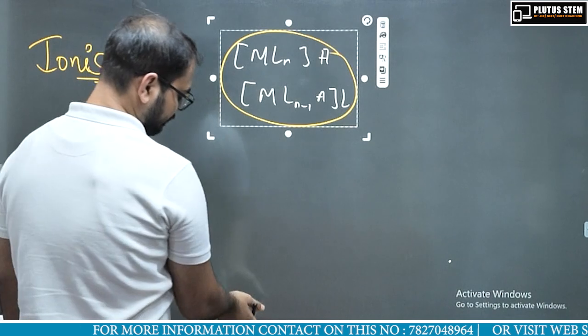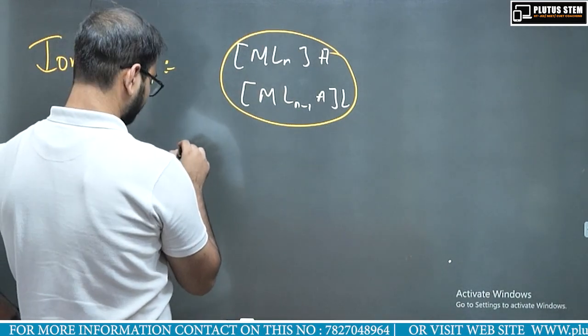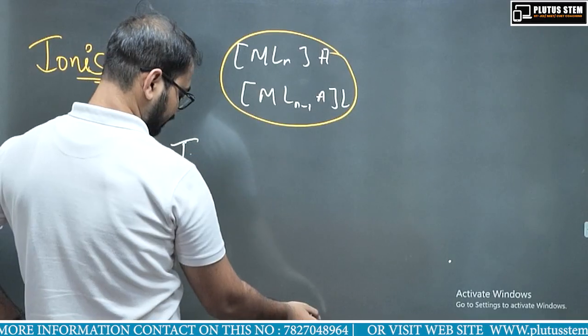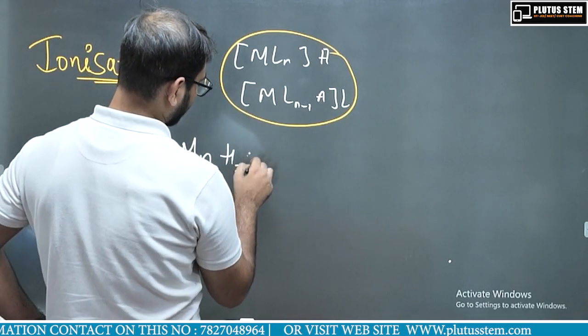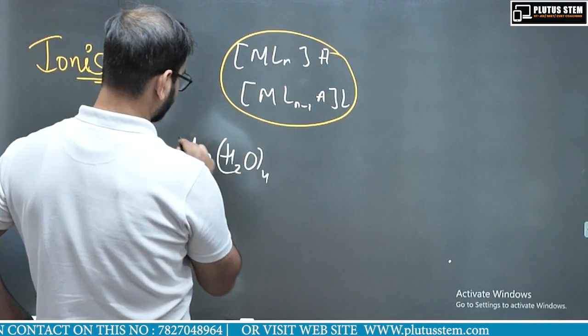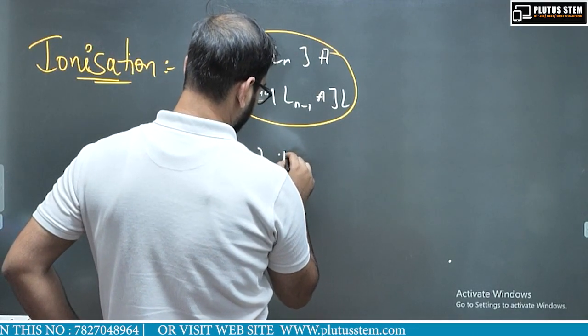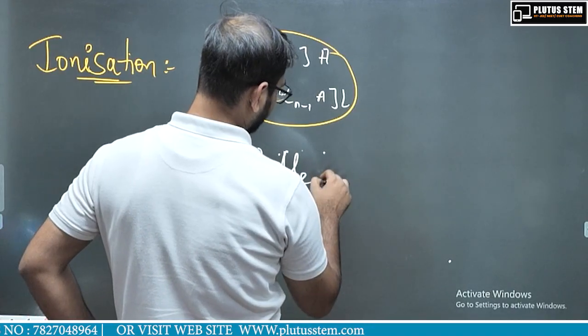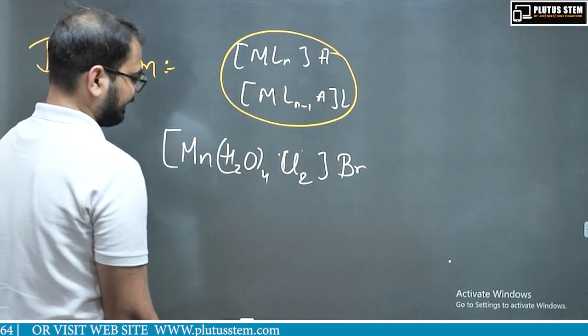Example for ionization isomerism: having iron H2O whole 4, Br, Cl minus, Cl whole 2, and you have Br as the coordinating ligand here.